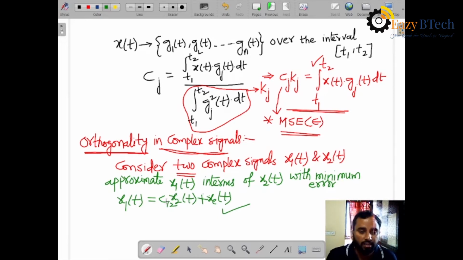After this approximation, we need to calculate what the value of C12 is. We have written x1 using x2, but what is C12 here? That is the point we are going to see.